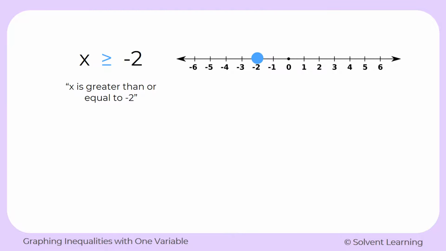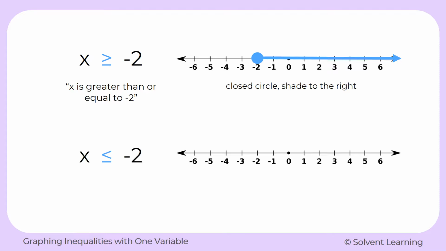We want to include it as one of our solutions. To show that x can also be greater than that -2, we do just like we did before, shade everything to the right. So when we have greater than or equal to, we have a closed circle at the number and shade to the right.